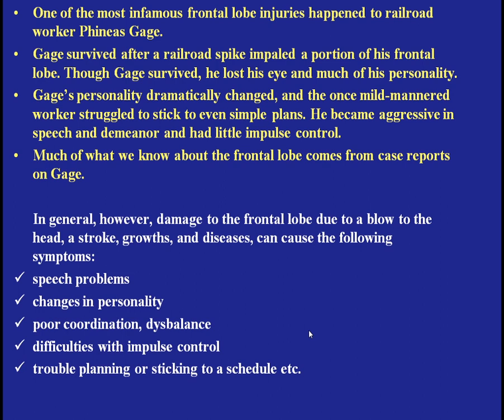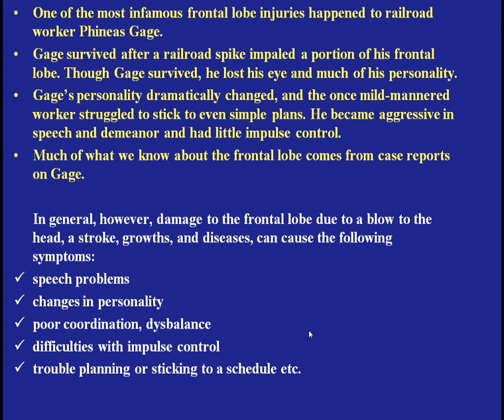Very interesting case. One of the most famous frontal lobe injuries happened to a railroad worker, Phineas Gage. Gage survived after a railroad spike impaired a portion of his frontal lobe. Though Gage survived, he lost his eye and much of his personality.